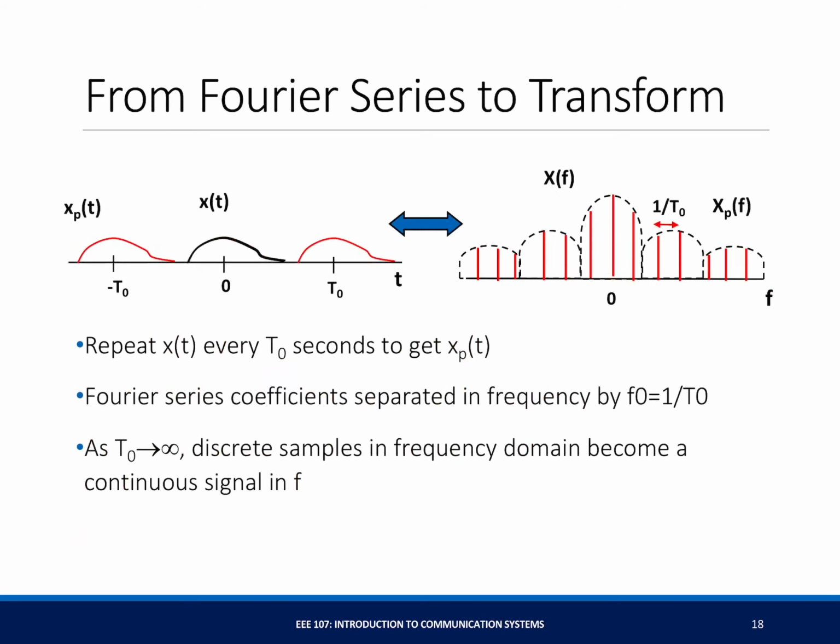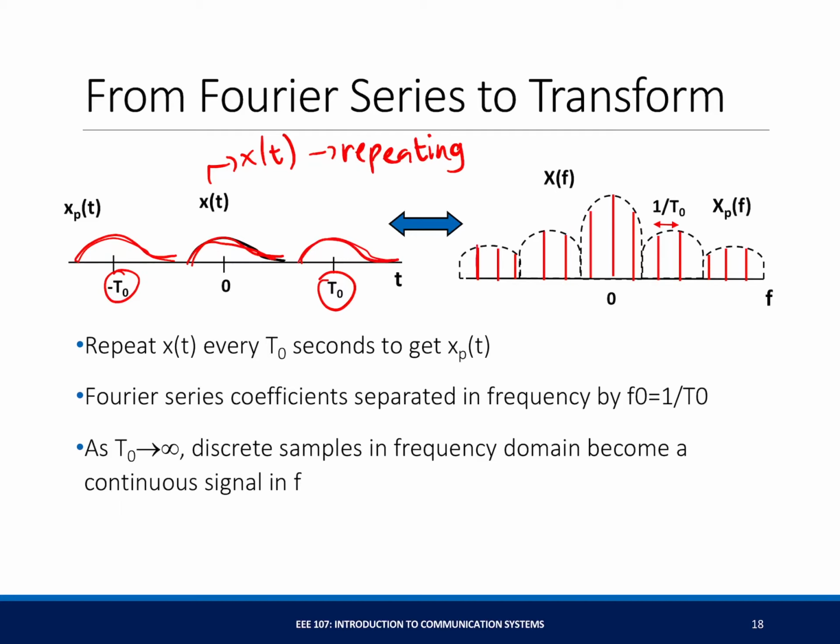So we can actually derive the Fourier transform from the Fourier series. If you have an aperiodic signal x of t with a finite duration, you can create a periodic signal by repeating the same signal over and over again at fixed intervals. The fixed interval creates some form of periodicity to your aperiodic signal.